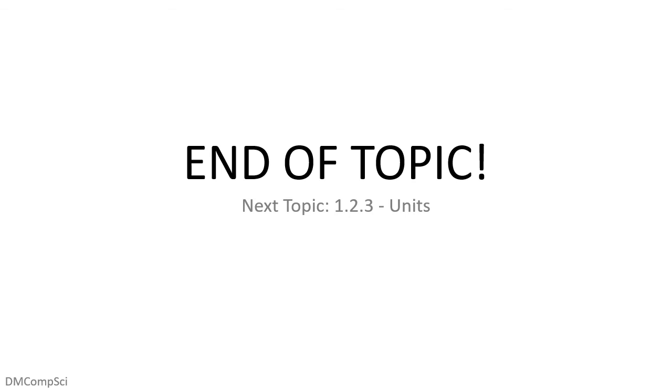It's a great, fun, important topic in computer science, and is certainly a great way to pick up some easy marks in the exam. Our next topic is going to be units, where we will be going over the different units of measurement for data capacity and data storage. It'll be our first topic that we're actually going to cover from paper 1 of the GCSE. This topic has been from paper 2.